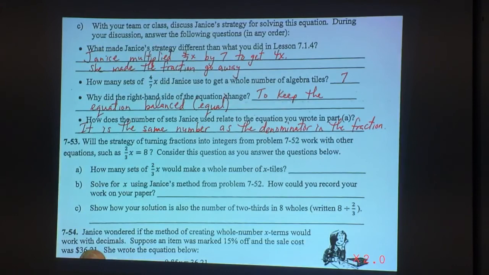So the fraction was 4 7ths, and so you multiply by the denominator, which is a 7. Okay. Question 53.